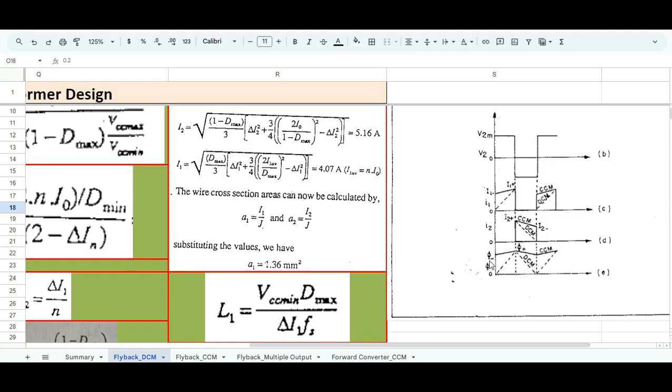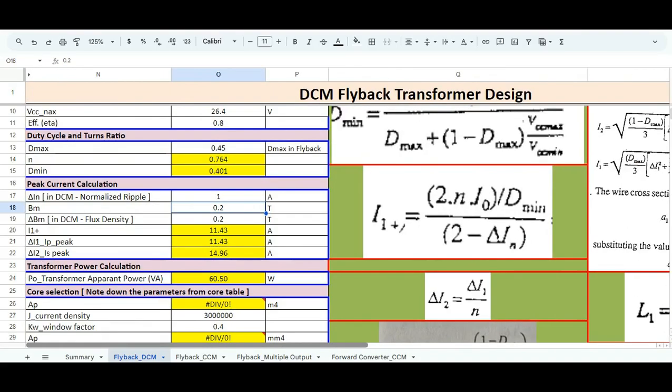But in the CCM mode, your transformer has some residual flux already, and then the transformer starts from that residual flux and reaches the peak flux value. Then again it resets to some extent value, the constant c, and the same cycle repeats.